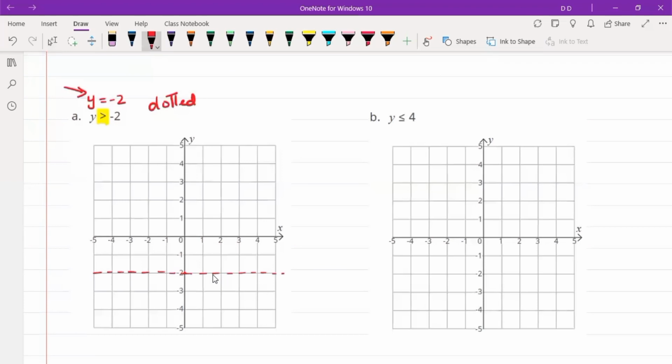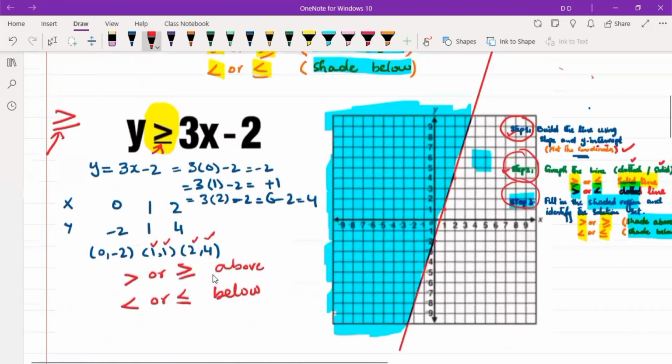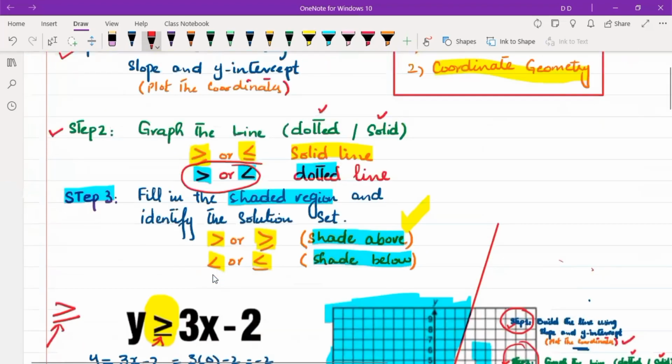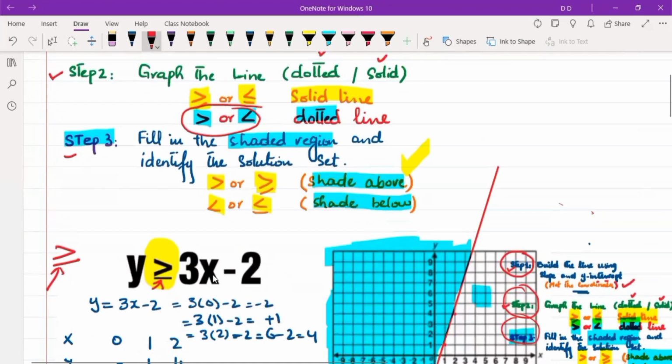Okay. Now I have to shade the region. I'll go back to the rules and check the third step. Above the line when greater than and equals to; lesser than and equals to, below the line.